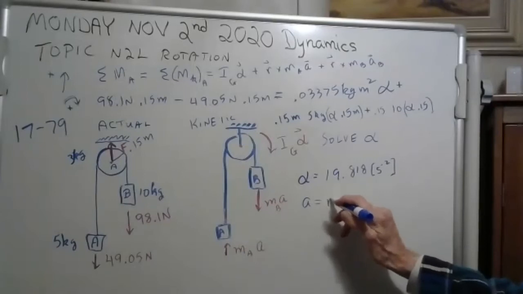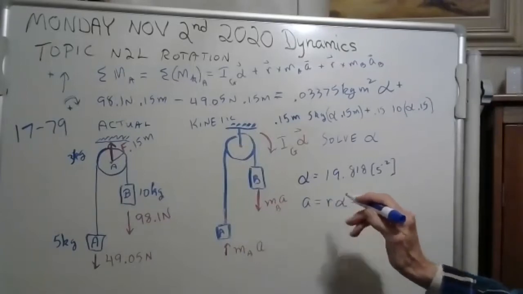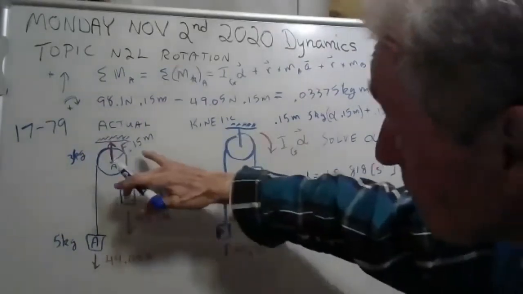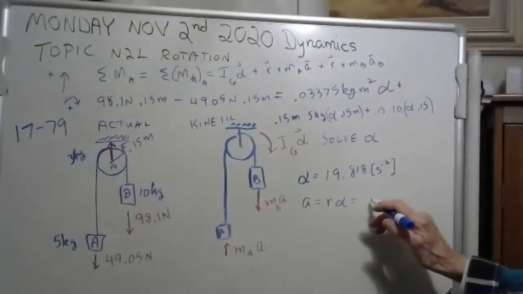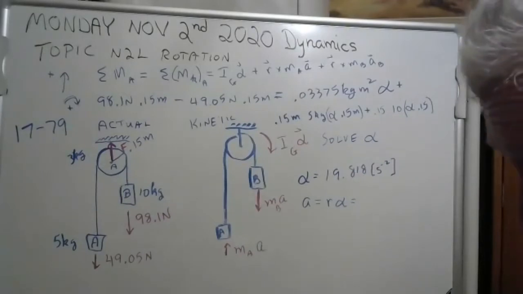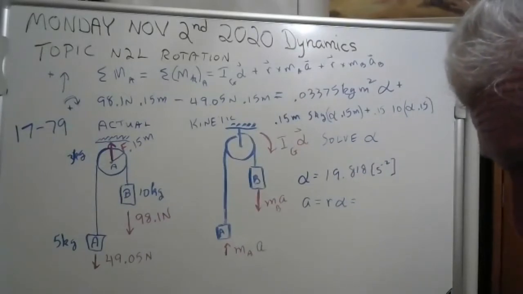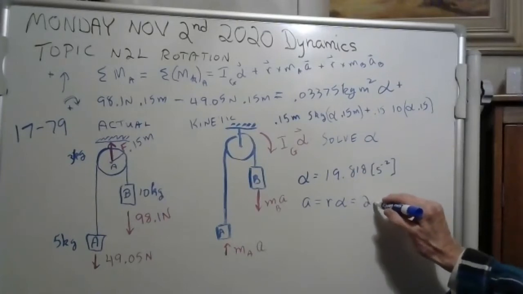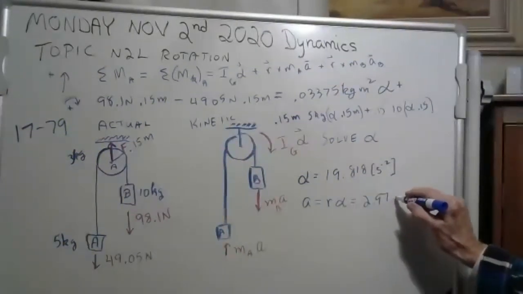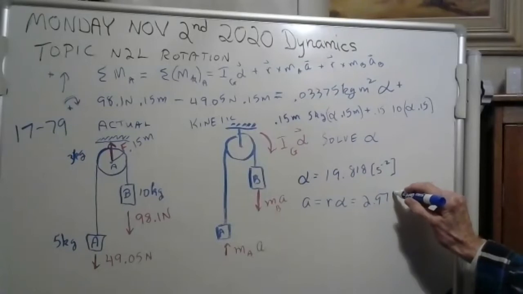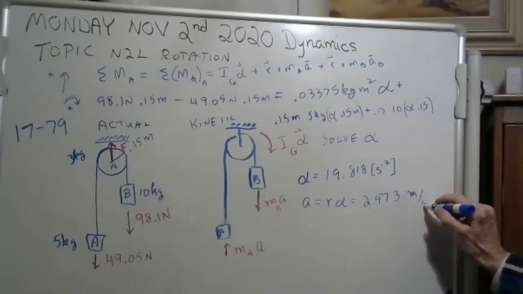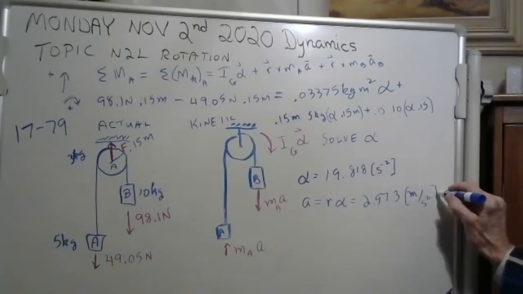Hey, well, now we can get the translational acceleration. It's just equal to r times alpha. And r is 0.15. So multiply that times 0.15, and you'll get 2.97, I don't know, 3 meters per second squared.